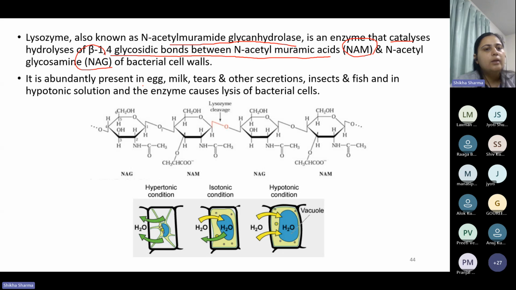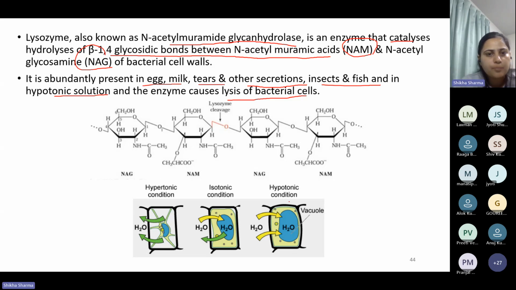These are found in egg, milk, tears and other secretions, and in insects and fishes, and in hypotonic solutions. These enzymes cause the lysis of the bacterial cells. So in our tears we have the lysozyme enzyme, so it can lyse the bacterial cell wall. So it is a natural antimicrobial agent.